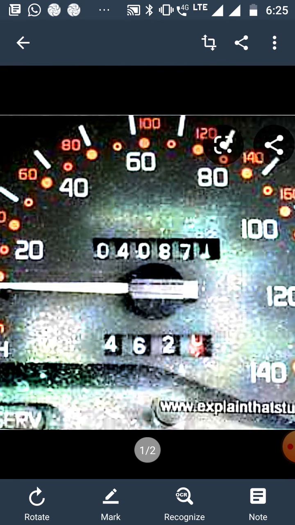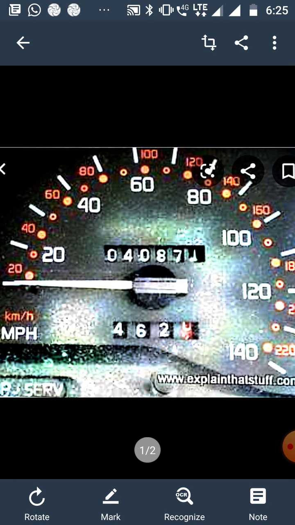Can you tell me what it is and where you have seen this picture? Children, you might have seen this picture in your scooter or in a car. It is a speedometer, and a speedometer is a device that measures the speed of a car or a scooter.